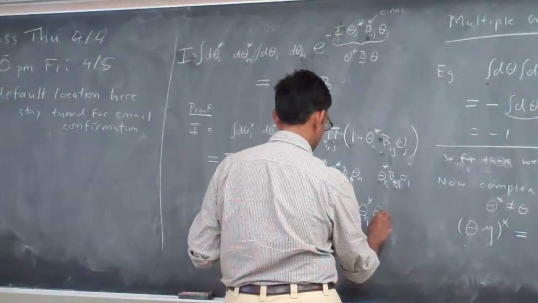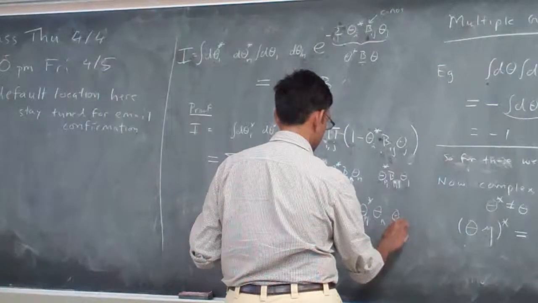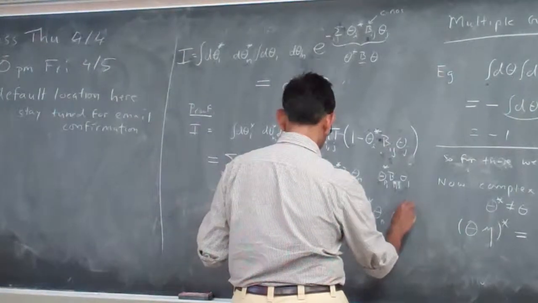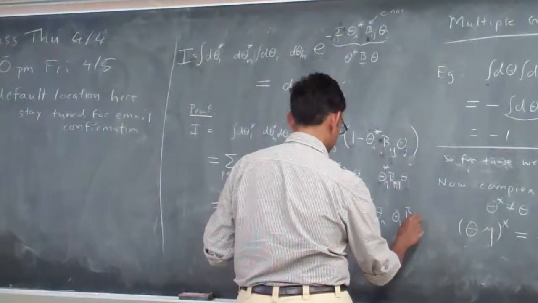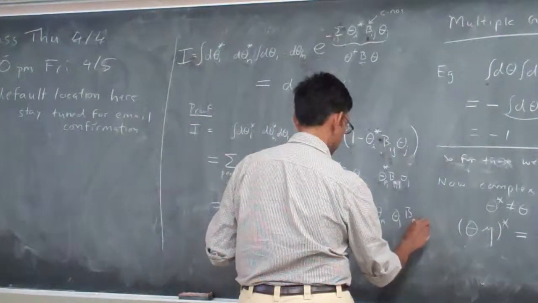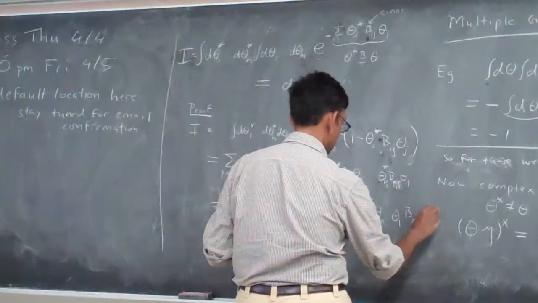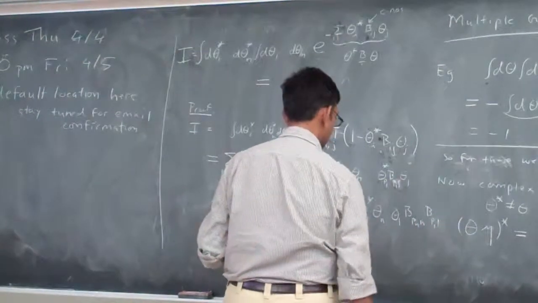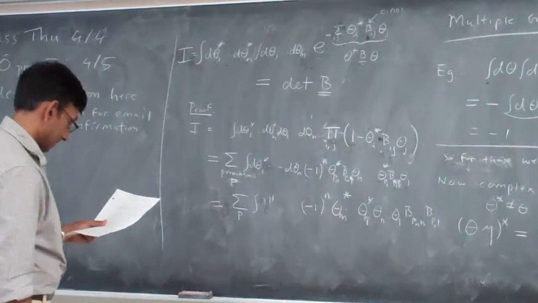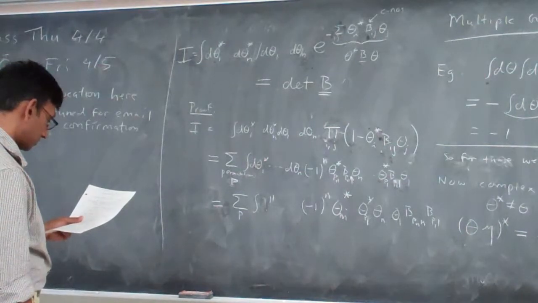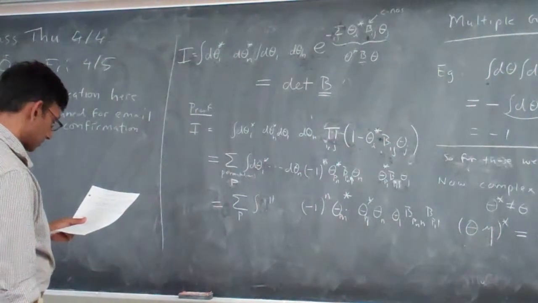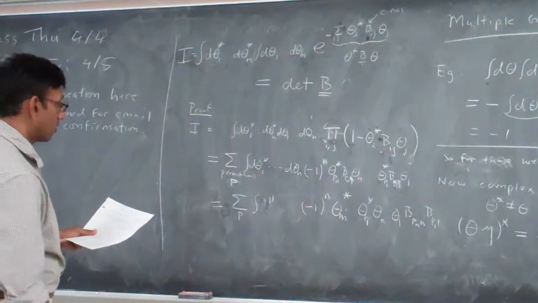Theta n down to theta 1, and then this B Pn n down to B P1 1.